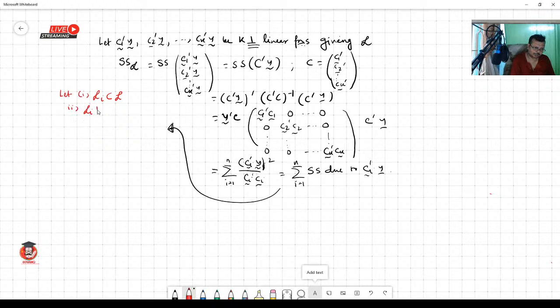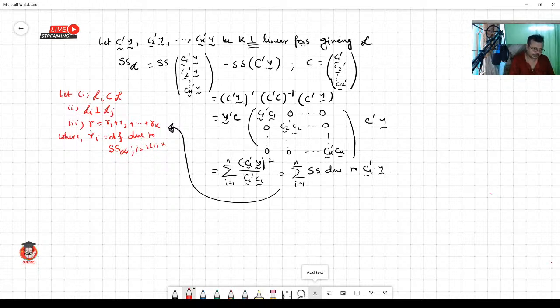Script Li is orthogonal to script Lj, and R equal to R1 plus R2 plus up to Rk, where Ri is the degrees of freedom due to the sum of squares due to Li, for i from 1 to k.